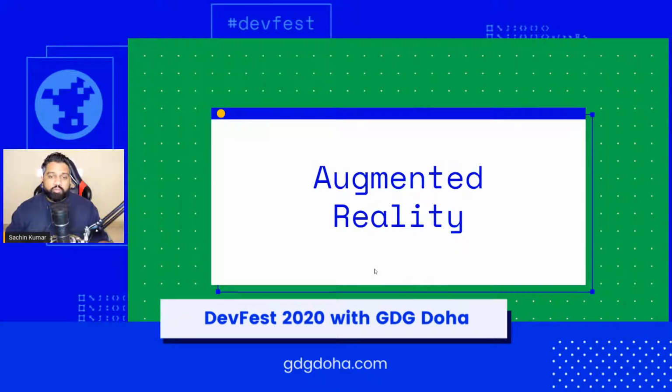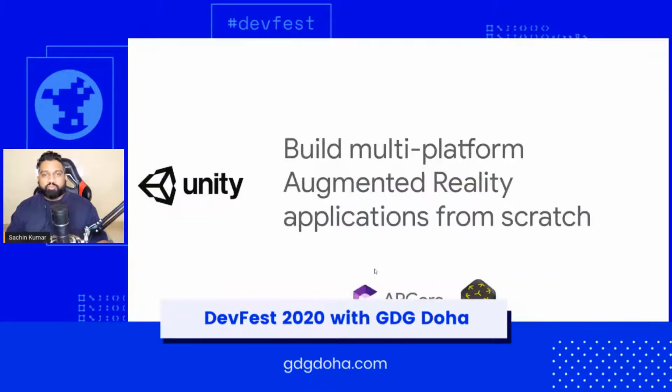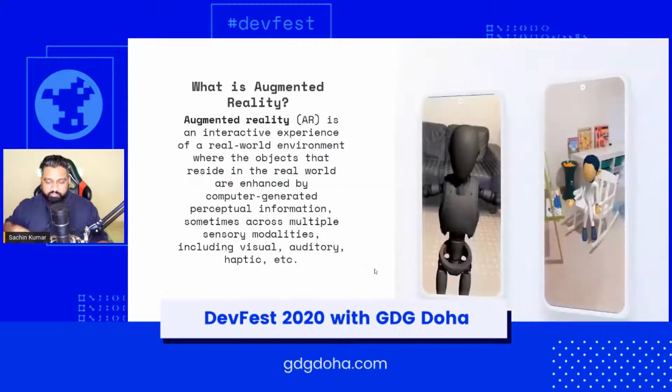So speaking of augmented reality, what is augmented reality? For people who are very new to this whole space, we'll also see how you can build multi-platform AR applications from scratch today. Augmented reality, or AR, is an interactive experience of a real-world environment where the objects in the real world are enhanced by computer-generated images.